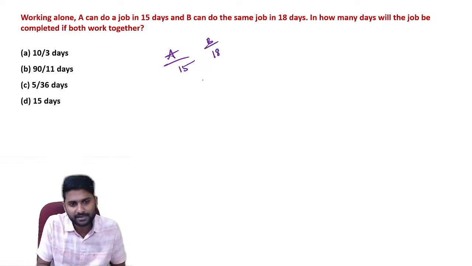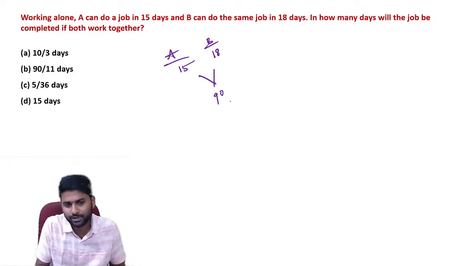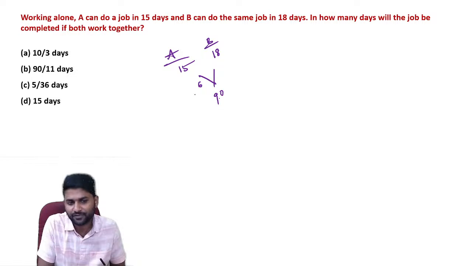B takes 18 days. The total work is 90 units. See, 90 units is the LCM of these two numbers. If 90 units of work is completed by A in 15 days, it means the efficiency of A is 6 units. 90 units of work is completed by B in 18 days, here the efficiency is 5 units.